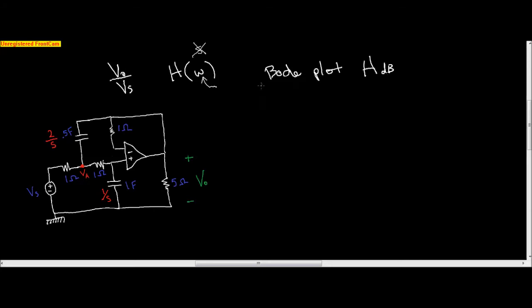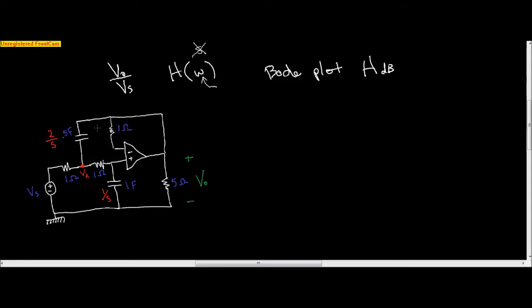So let's inspect our circuit over here. The first thing that I notice is this resistor hooked up to this terminal. Rule number 2 says that no current flows into or out of the op amp.